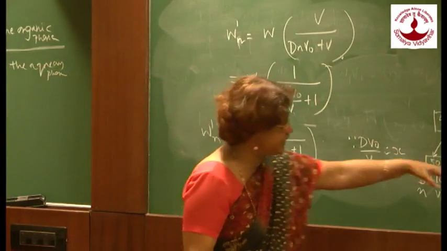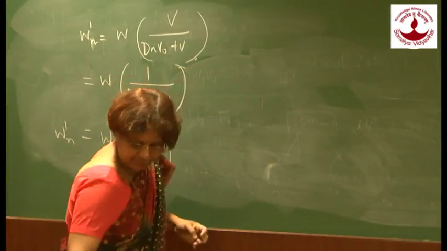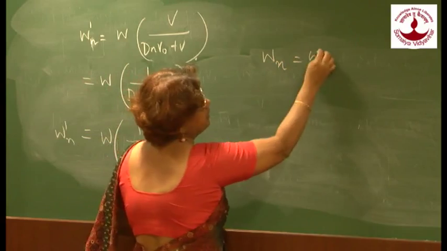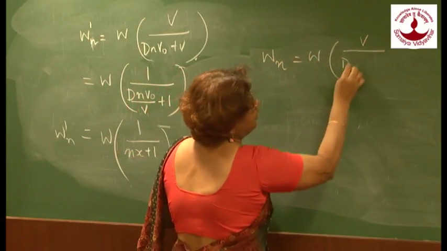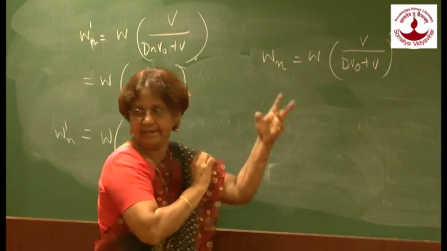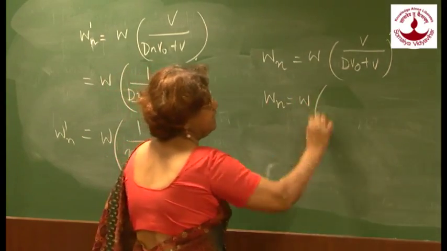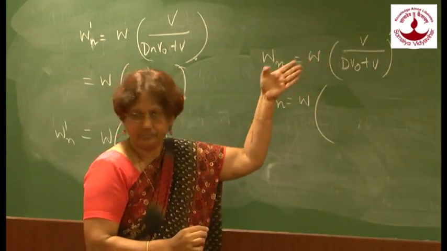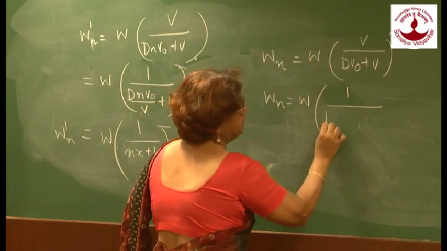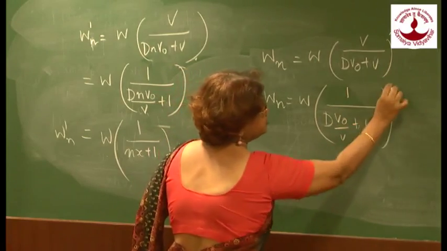Now, suppose it is used n times, then the formula that we use is Wn is equal to W V upon D VO plus V raised to n. Now, Wn is equal to W, once again dividing the numerator and denominator by V, we get 1 upon D VO by V plus 1 raised to n.